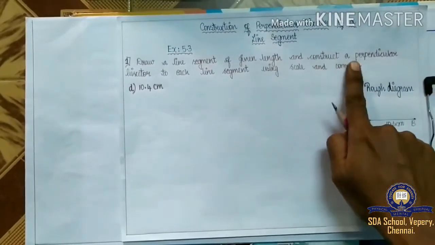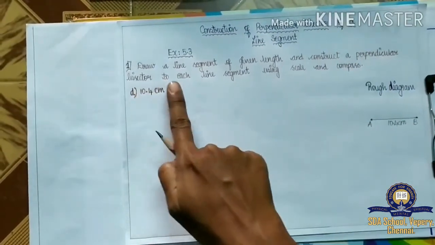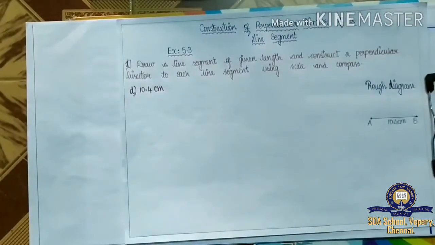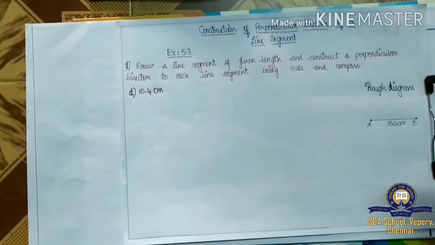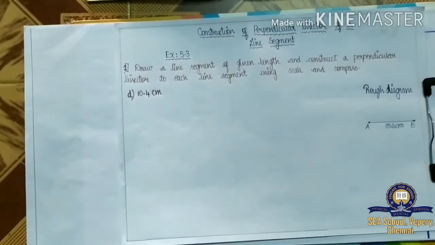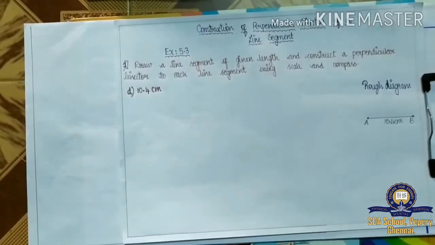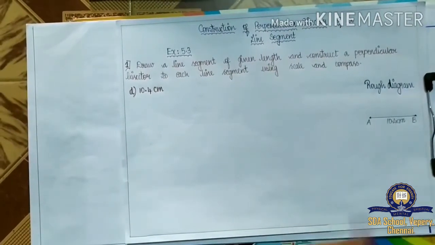After this, construct a perpendicular bisector to each line segment using scale and compass. Next, we should construct a perpendicular bisector. So what is a perpendicular bisector? A perpendicular bisector is a line which divides into two equal parts.